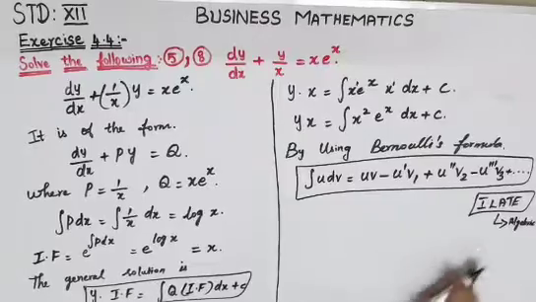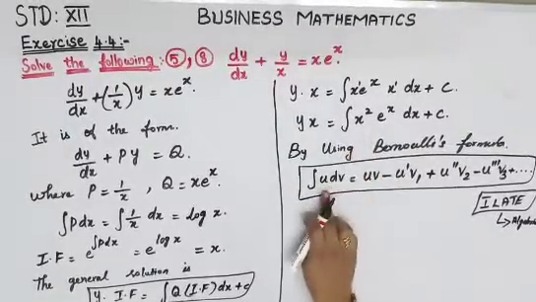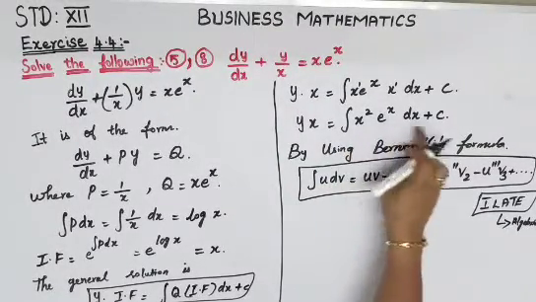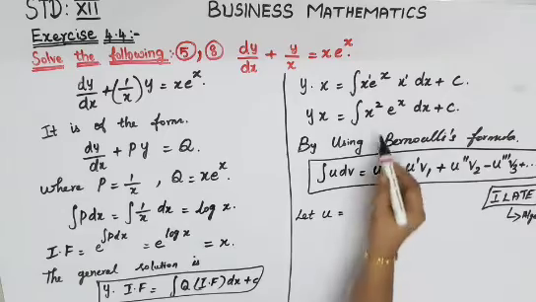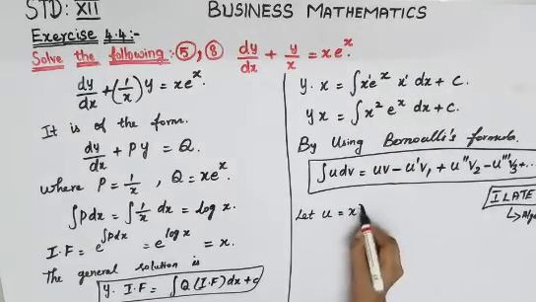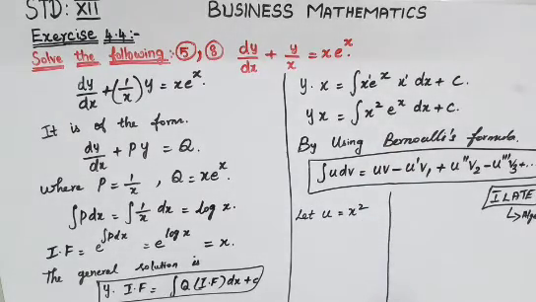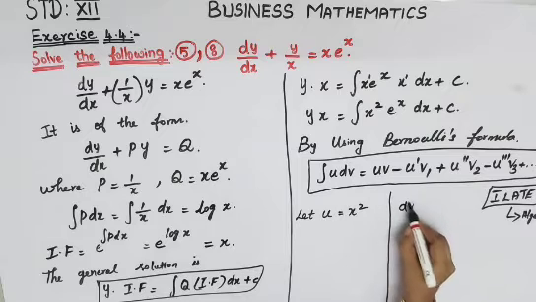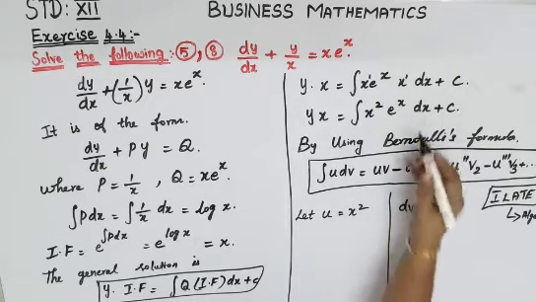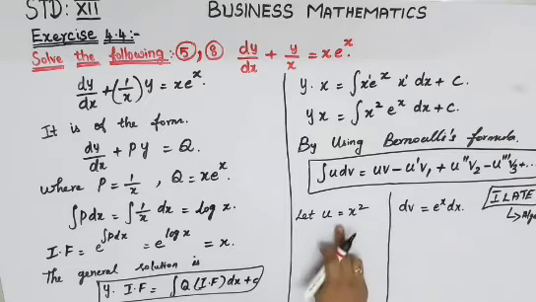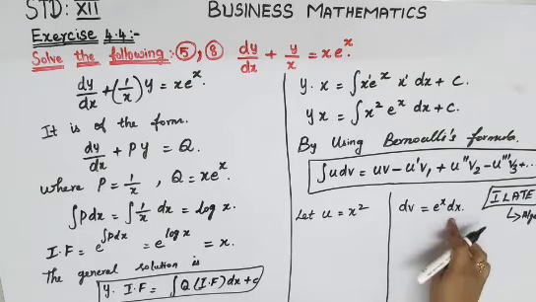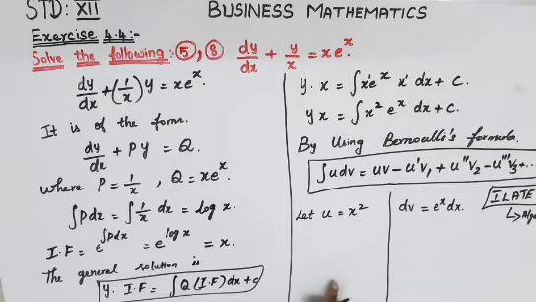So first you take your algebraic term as your u, and your dv you can take as e power x into dx. Let u is equal to x square, the algebraic term, and dv is equal to the next function, e power x into dx. This side we will do differential and this side we will do integral. So be careful and do it.